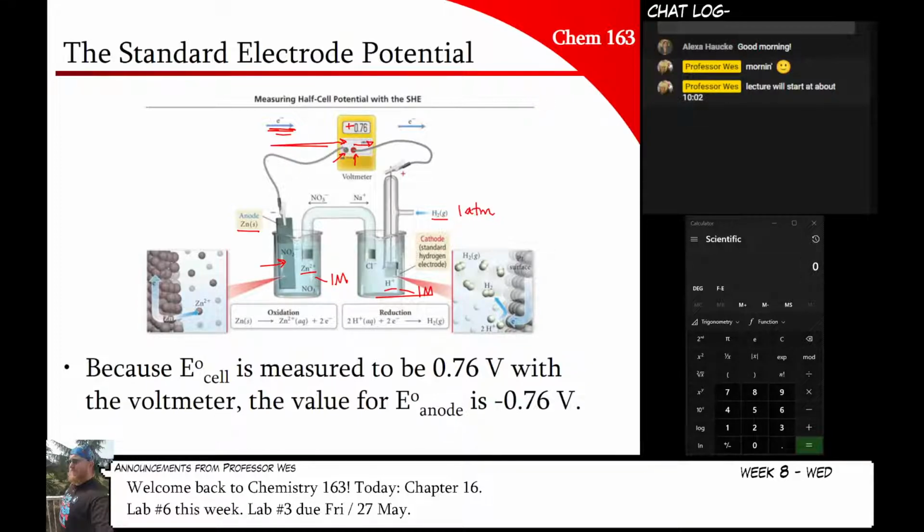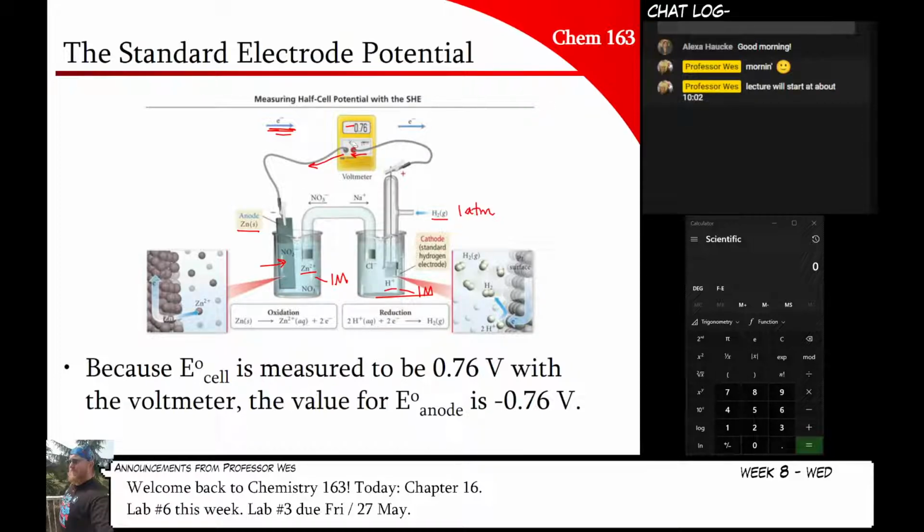If the electrons are actually going the opposite direction through the voltmeter, in other words, the electrons are going this way, then the number it prints out on your voltmeter will be negative instead.